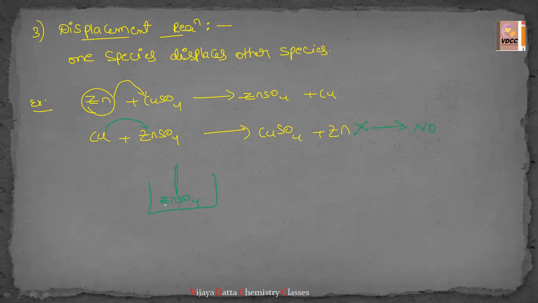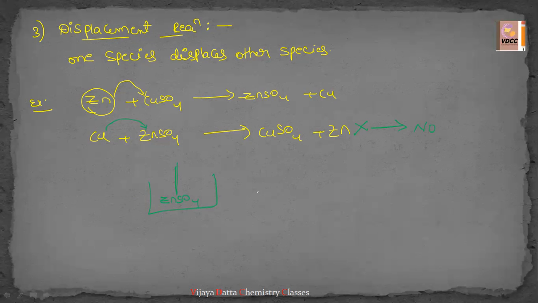Copper cannot displace zinc, because copper is less reactive than zinc. So the important thing to remember in displacement reactions is that highly reactive metals can displace less reactive metals, but less reactive metals cannot displace highly reactive metals. This order we'll discuss in electrochemistry, in standard electrode reduction potentials, where we'll study the same order.